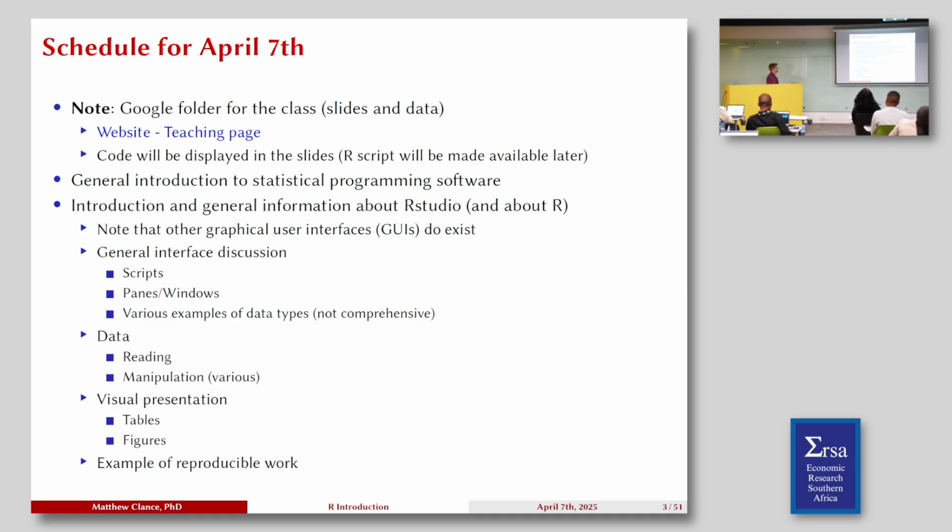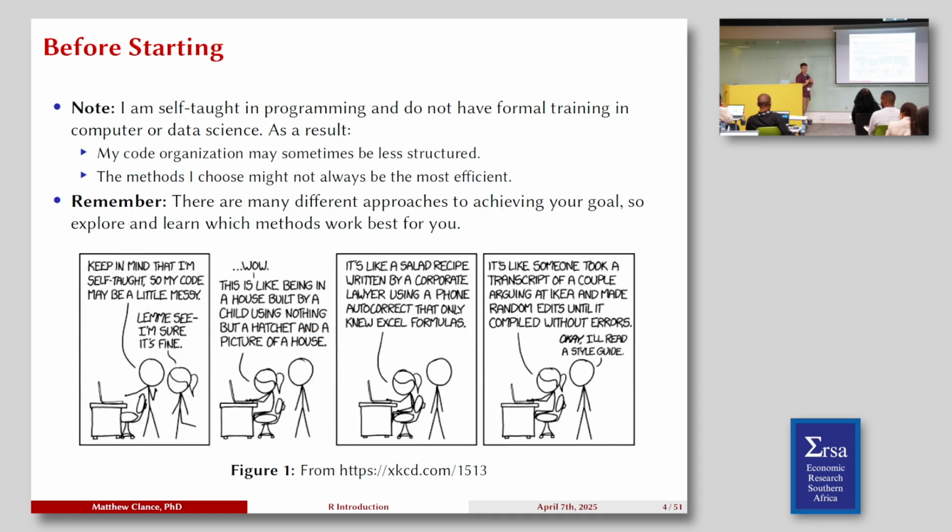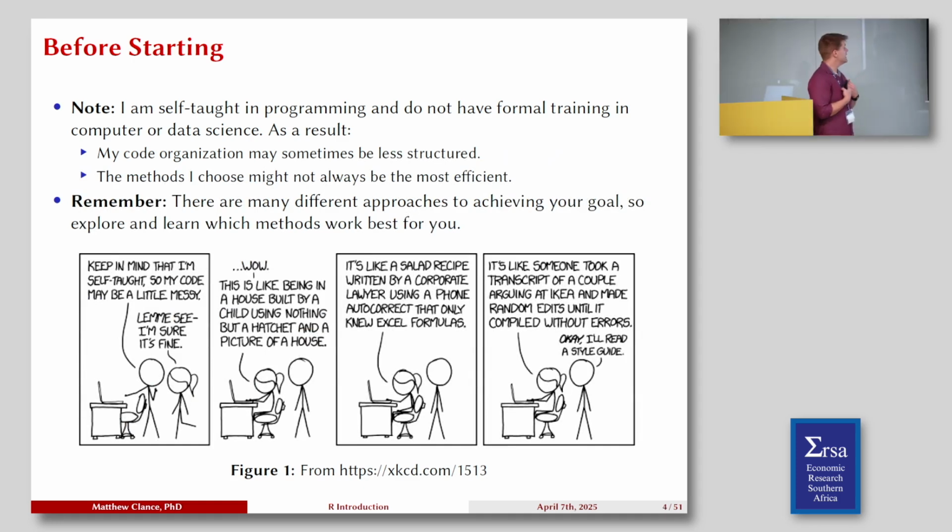Okay, so from my side, I am self-taught in programming. I never took a computer science or programming course or anything. What does that mean? My code is not always very organized. It's very haphazard in some cases. So the way I do things is not the only way, and it's probably not the most efficient way. There are going to be a lot of different ways to do this, so as you go about it, find the best method for you.